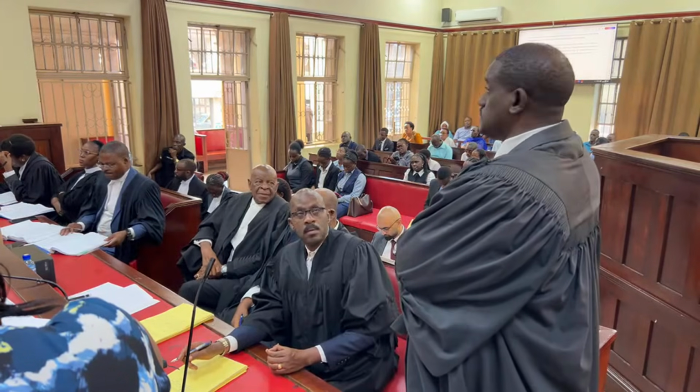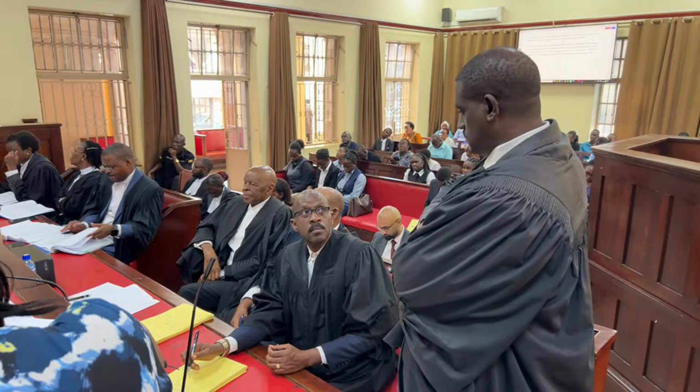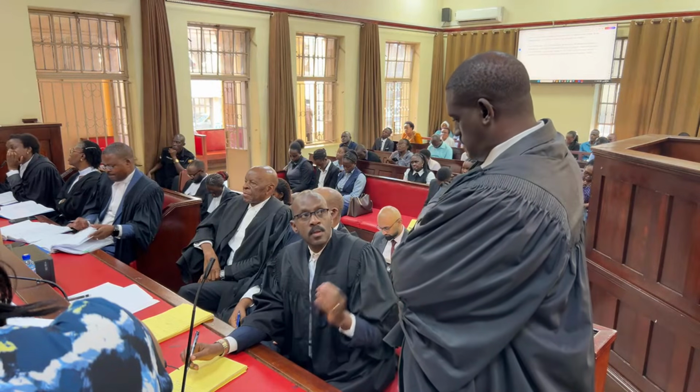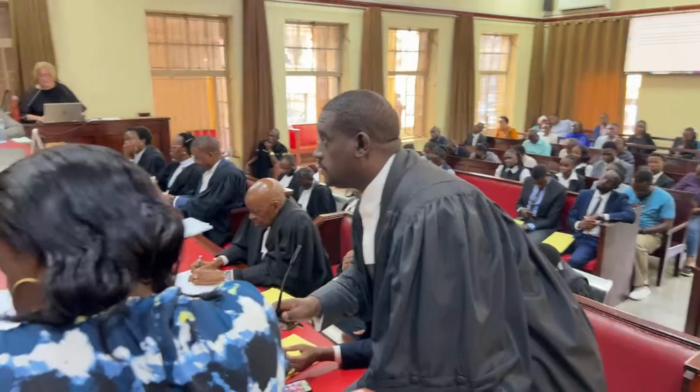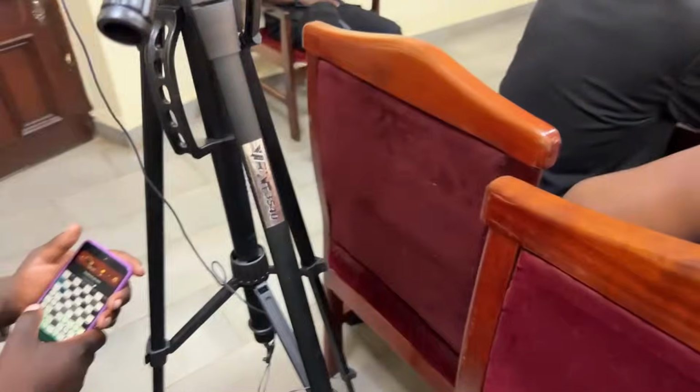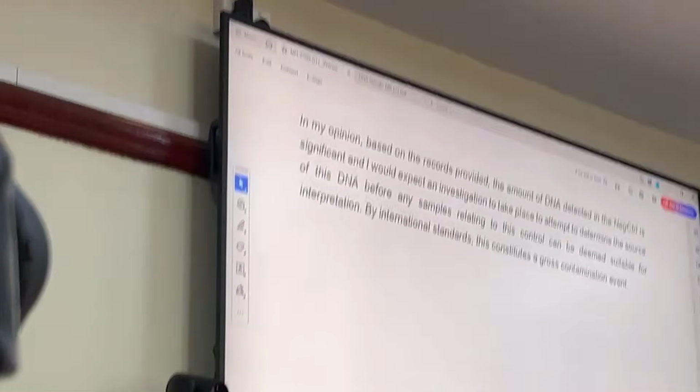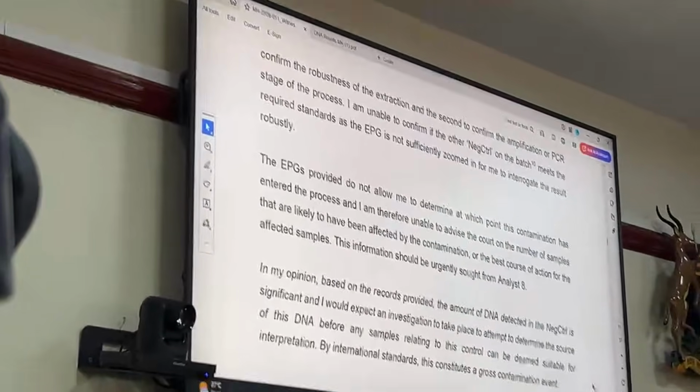By international standards, this constitutes a gross contamination event. What page is that in your report? That is page 11. So let's go back up.